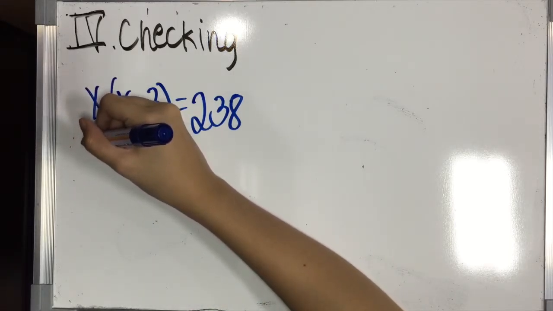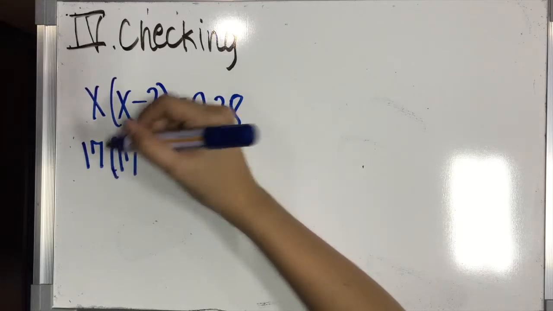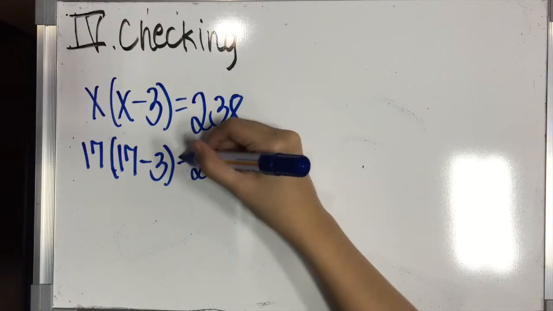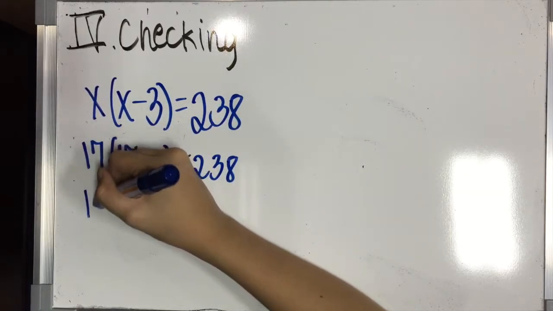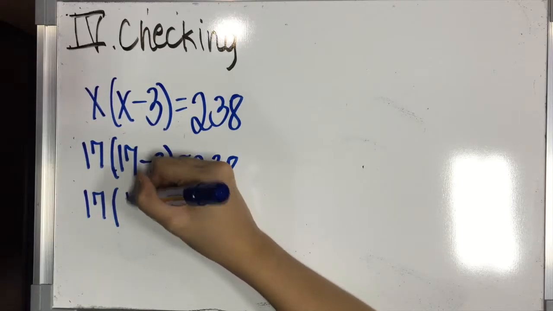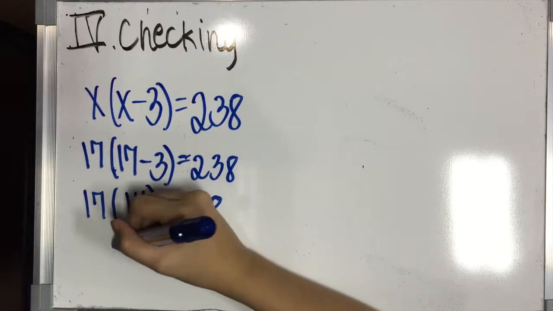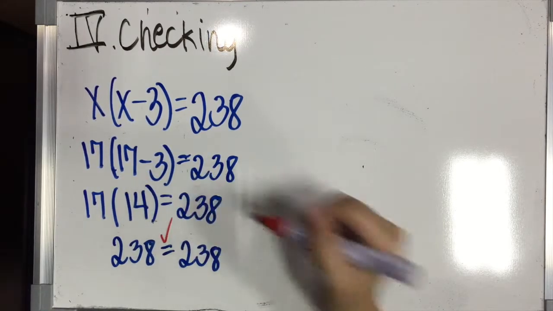Now let's substitute x with the first value that we got in the solution, which is 17. So 17 times 17 minus 3 equals 238. 17 times 14 equals 238. So 238 equals 238. So 17 makes it a true statement.